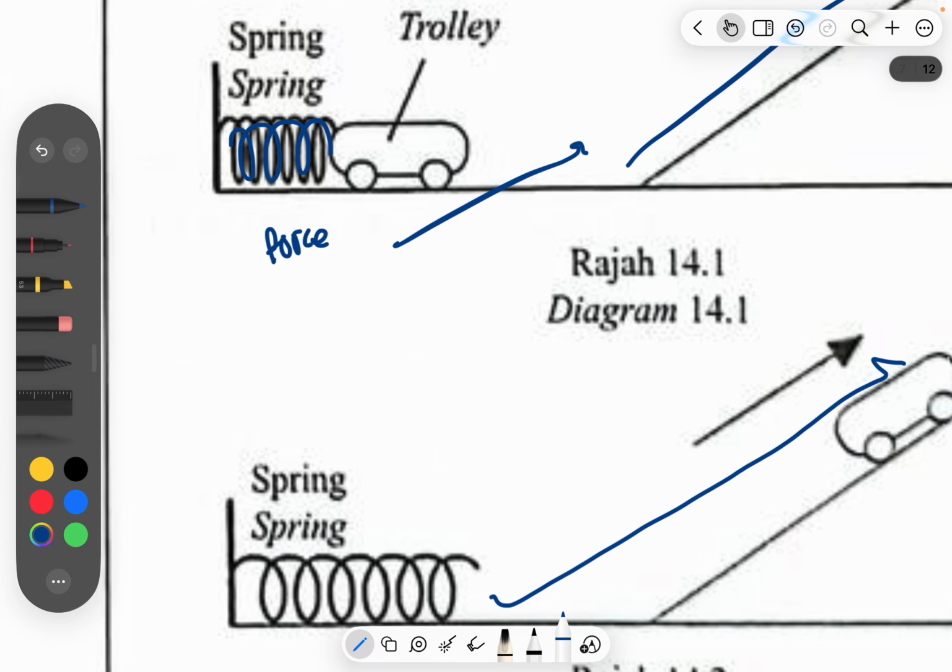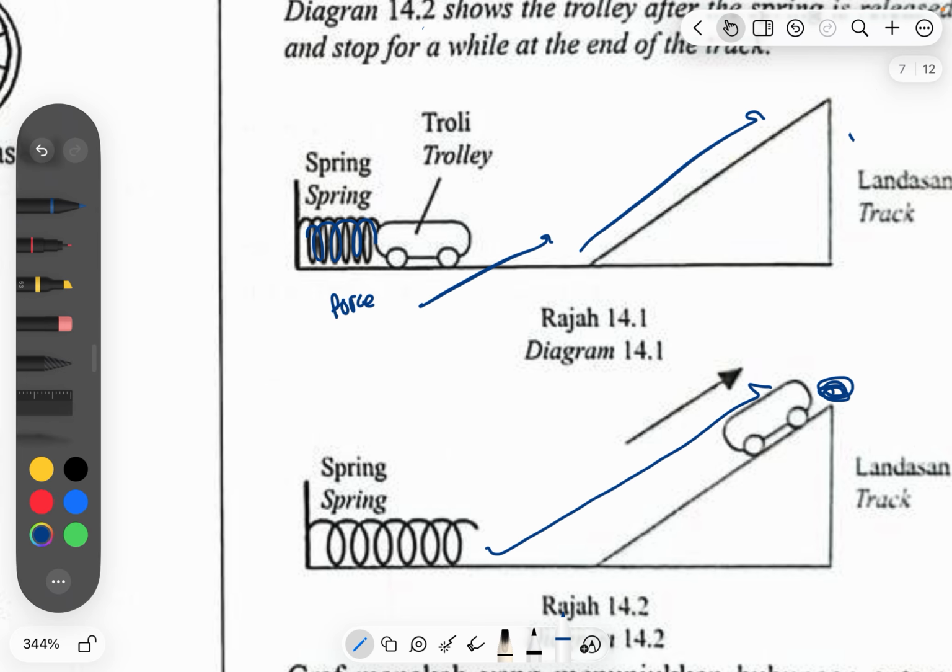So let's say we see that it's moving already. In this case, at this point, there's zero resistance. Resistance is not being taken into account. So this object is moving freely.